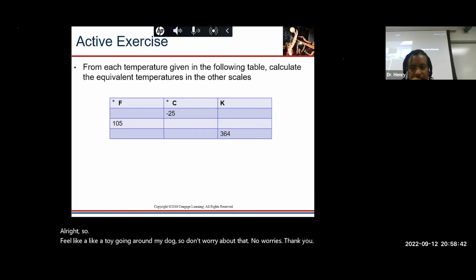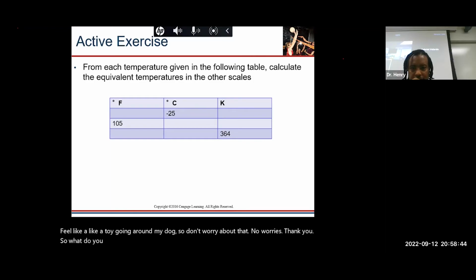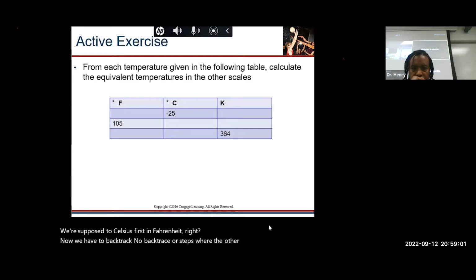So what are you guys doing first, Fahrenheit or Celsius? We're supposed to do Celsius first and Fahrenheit, right? And then we have to backtrace our steps for the other two, I assume.